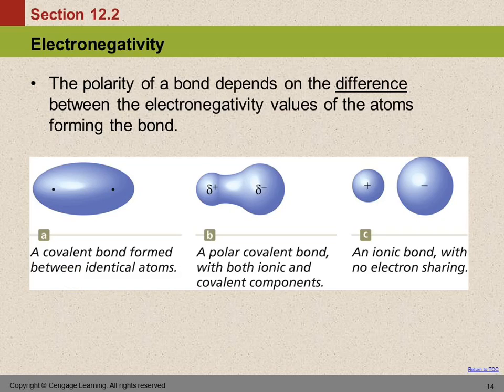This we call a covalent bond, or sometimes, just to be clear that we're not being just general, we mean a non-polar covalent bond as opposed to the polar covalent bond.